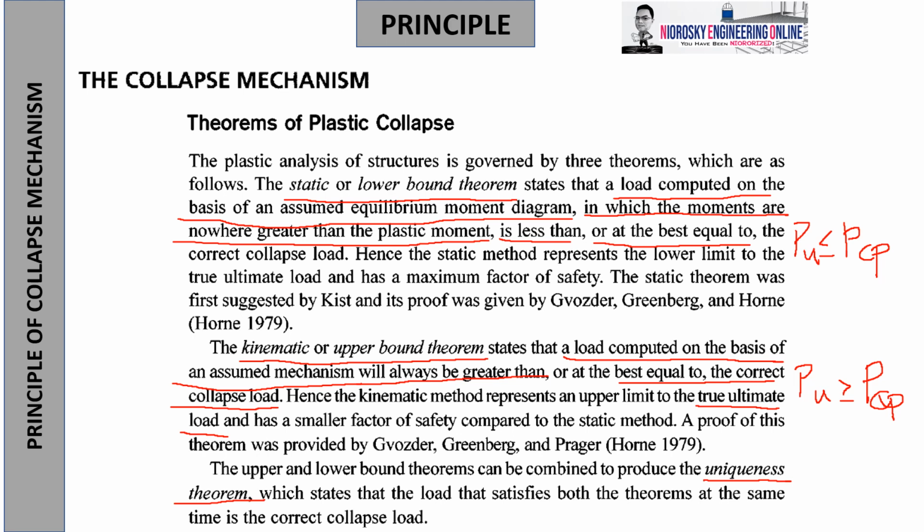Example is a tower crane that looks like static, placed above the construction site, but due to the fact that there is an exposure to wind or potentially direct exposure to seismic activity, then it may be considered as moving dynamically with the force as an effect of our environmental loads. Then it may be considered to produce the uniqueness theorem by considering both static and kinematic, so that it would be the true correct collapse load.